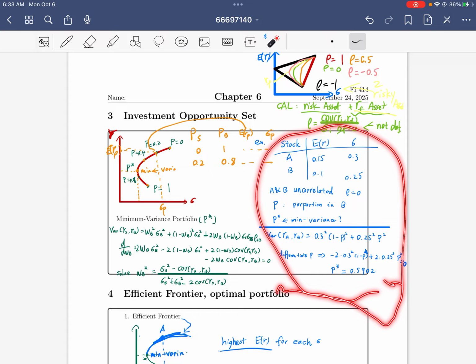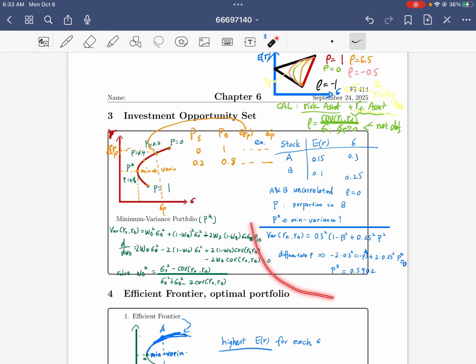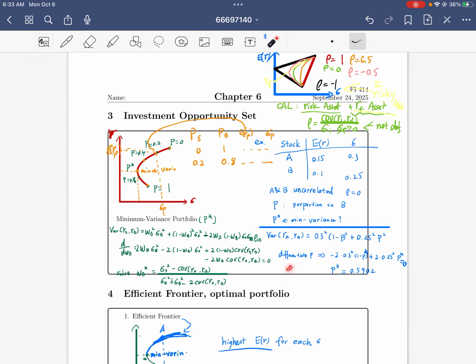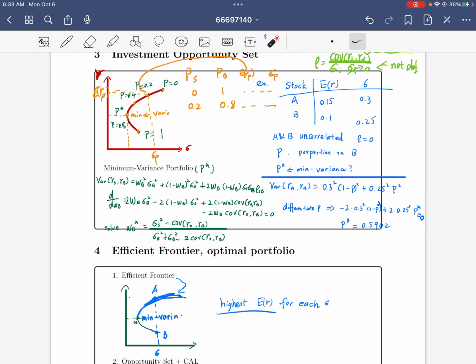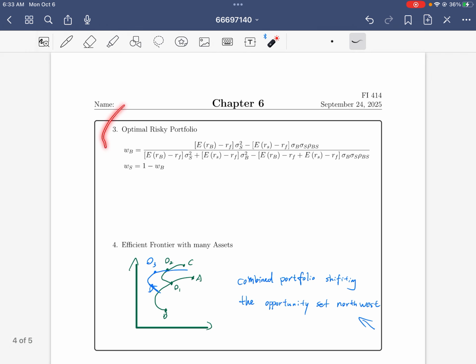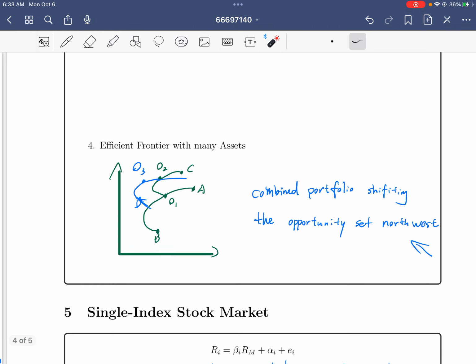The example is also kind of complicated because you need to differentiate. So I also won't let you calculate the one with derivatives. So don't worry about minimum variance and optimal risky portfolio.